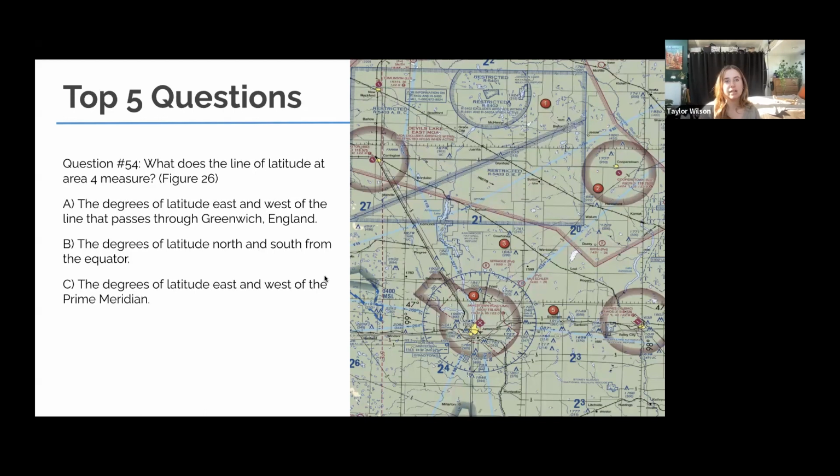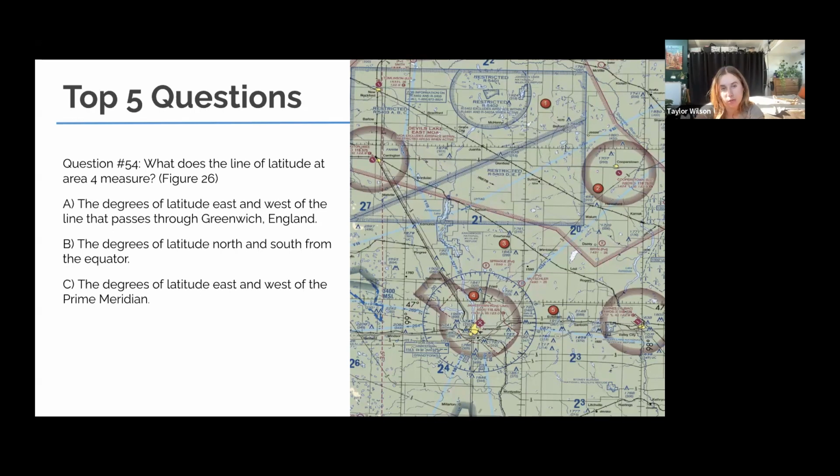Okay, what does the line of latitude at area 4 measure? So we're looking at area 4 again, and it's asking about our line of latitude. So it's asking, what are we measuring? I'll give you guys a minute or two to throw your answers in the chat there. So latitude versus longitude.